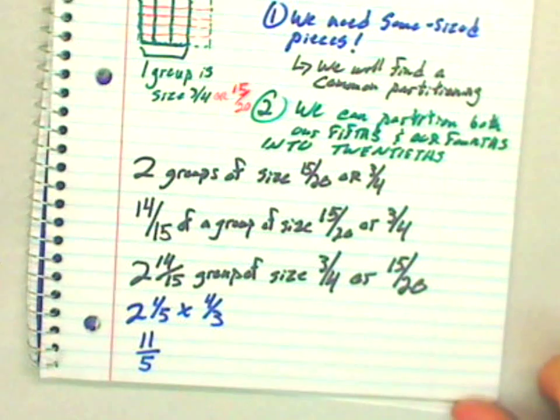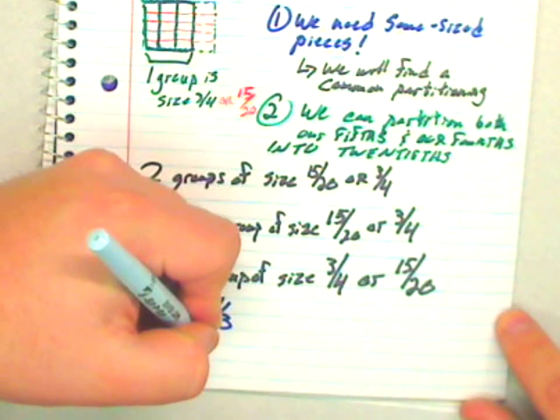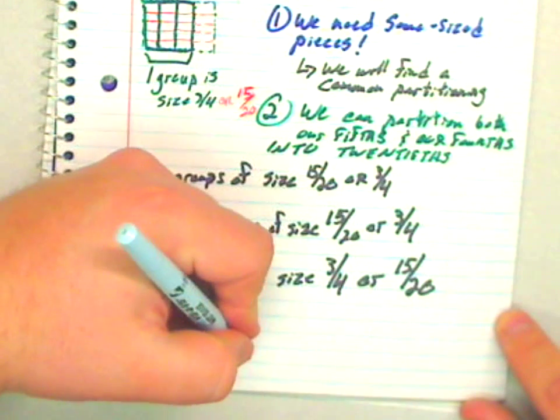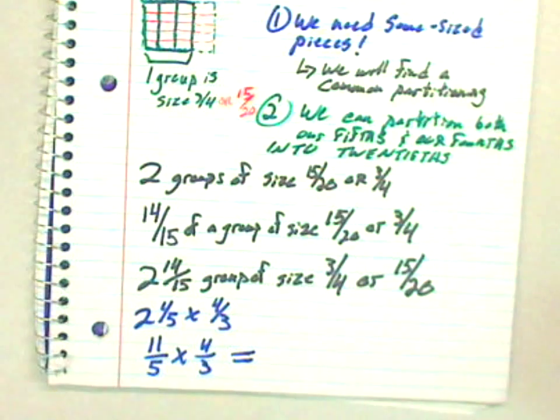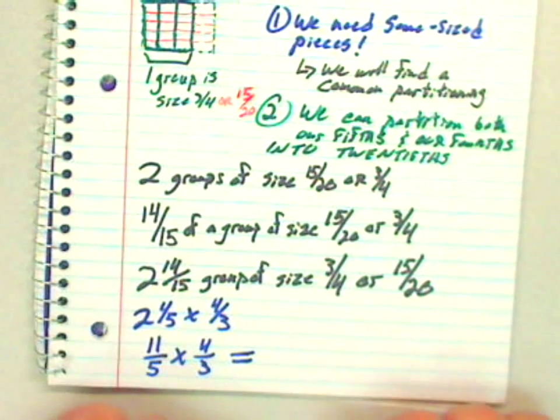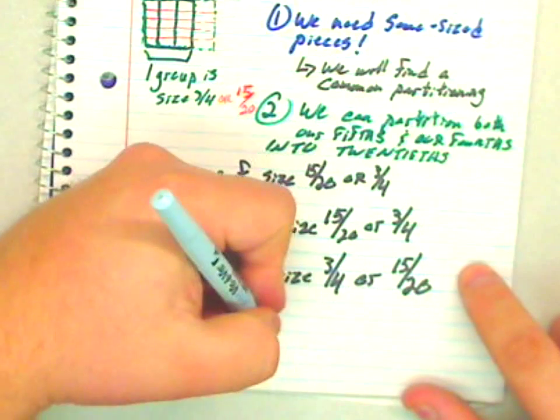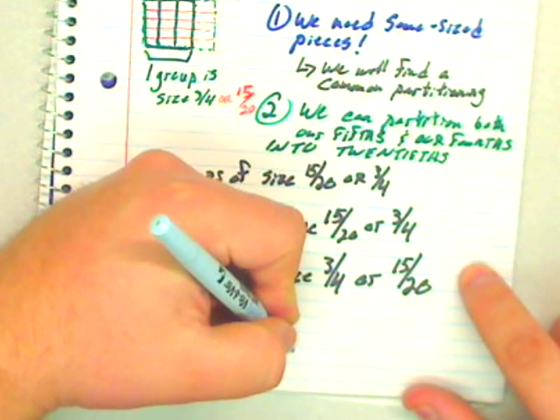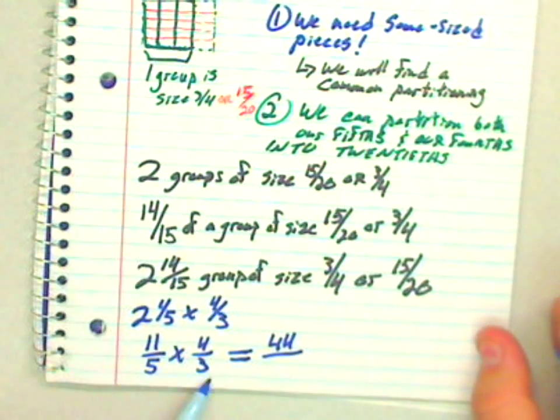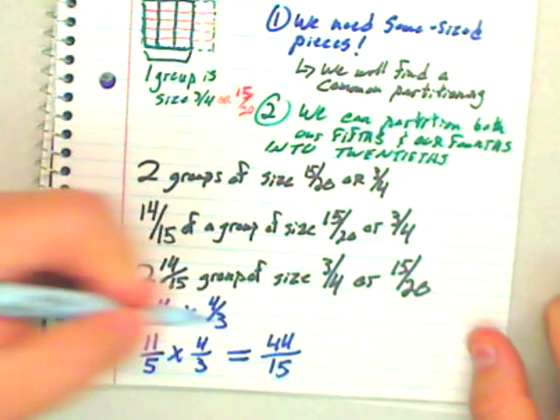So here's our 11/5, and we multiply by 4/3. When it comes to the algorithm for multiplying fractions, you multiply the numerators, so 11 times 4 is 44. And 5 times 3 is 15.